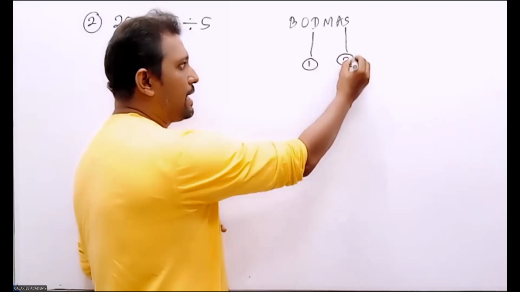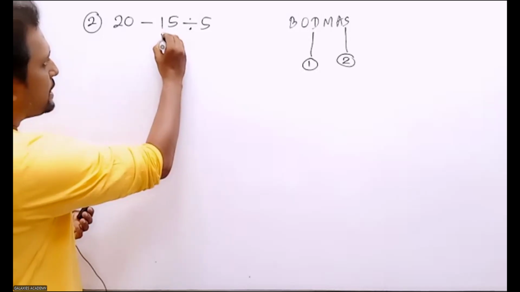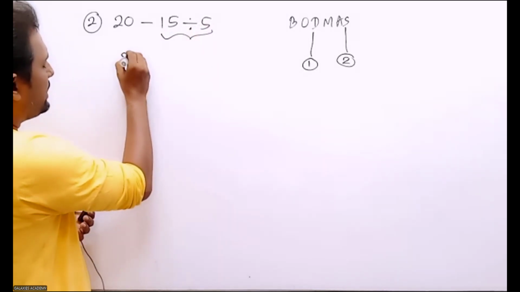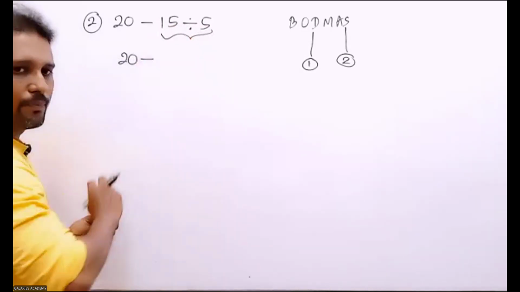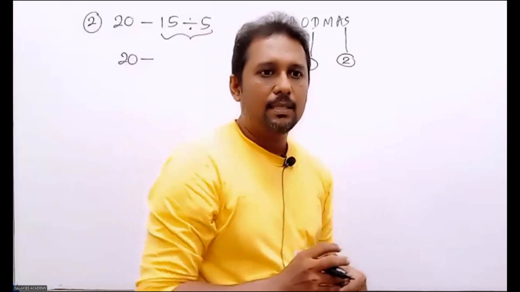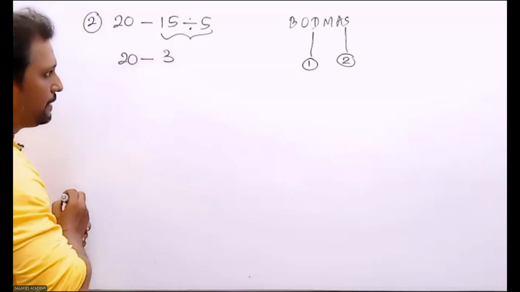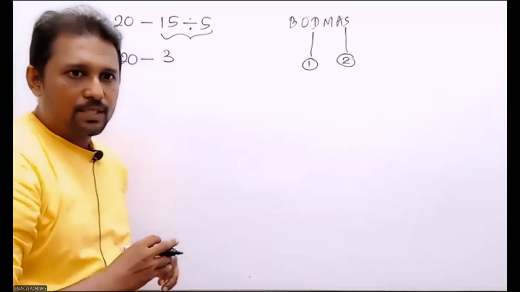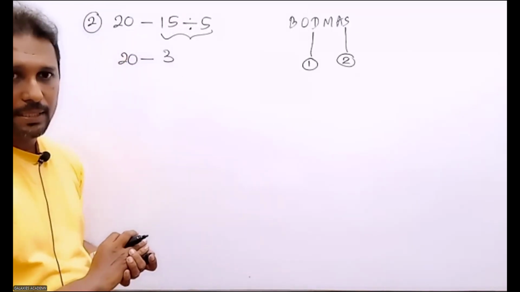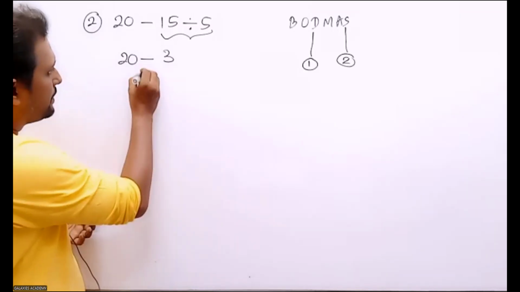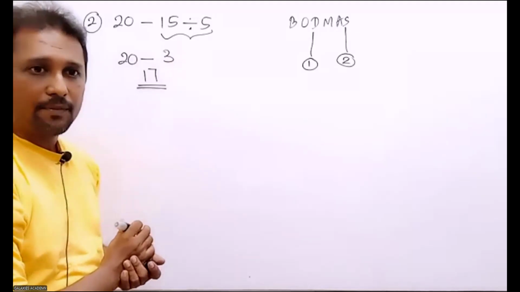After that you do the subtraction. 15 divide 5, what is the answer? 3. So when you simplify this part it is 3. Now only one operation remains: 20 minus 3 is 17. So the answer to the second question is 17.